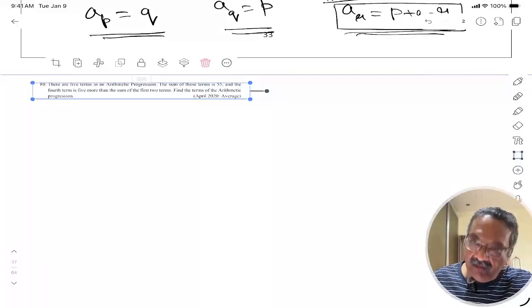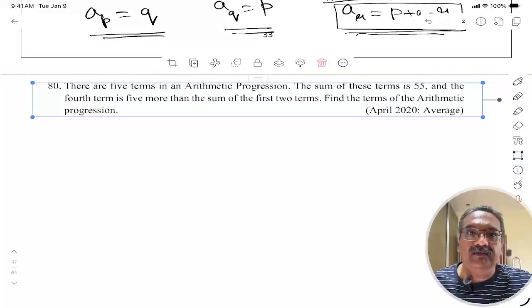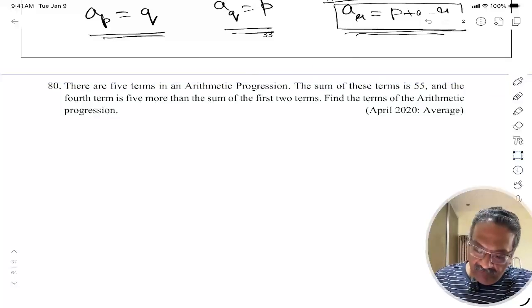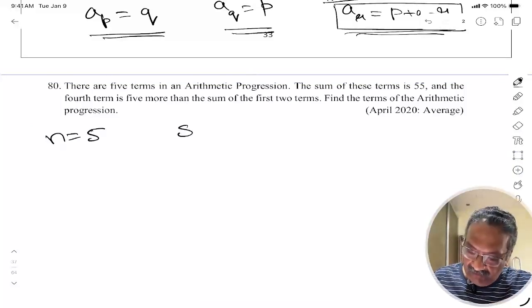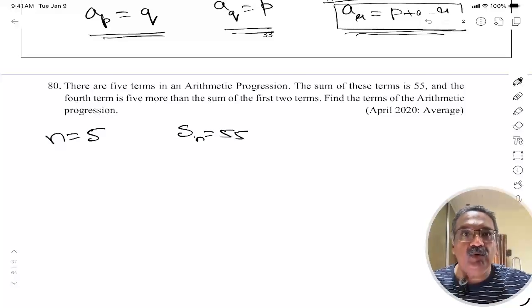There are 5 terms in an AP. So we know n is equal to 5. The sum of these terms is 55, that is Sn is 55, and the fourth term is 5 more than the sum of the first 2 terms.